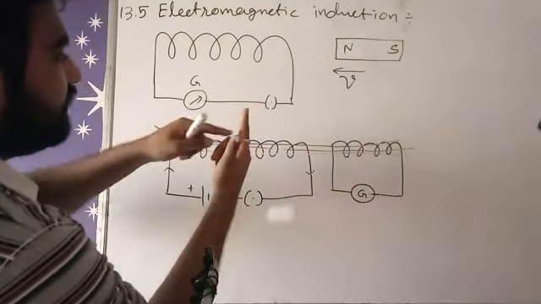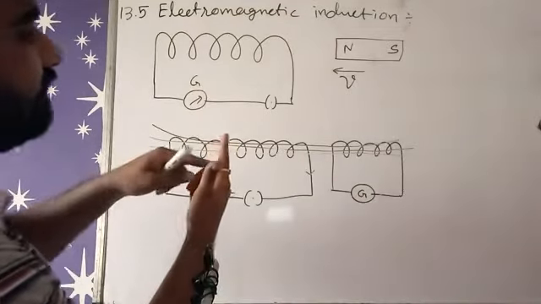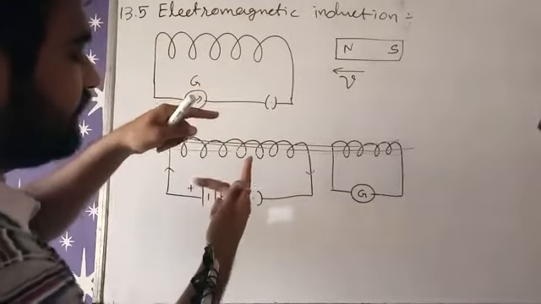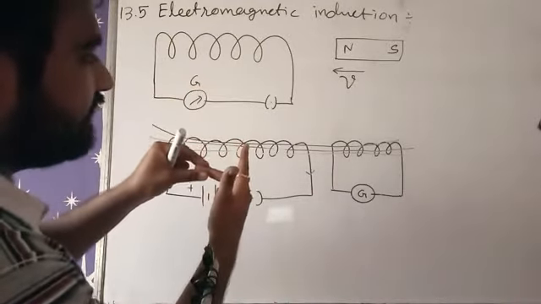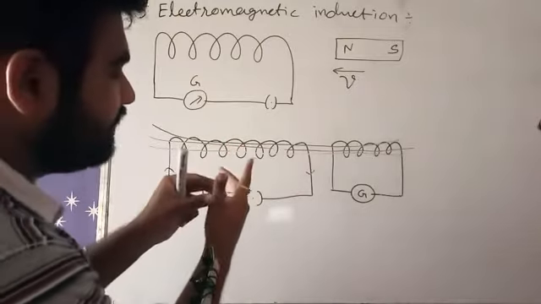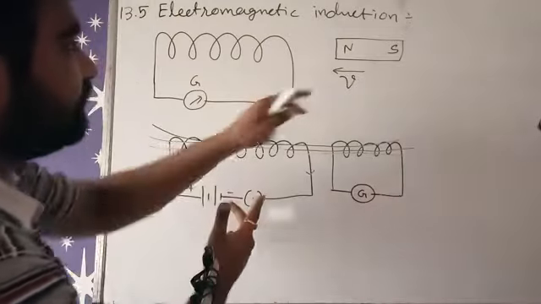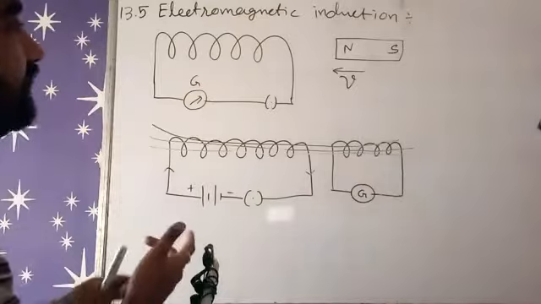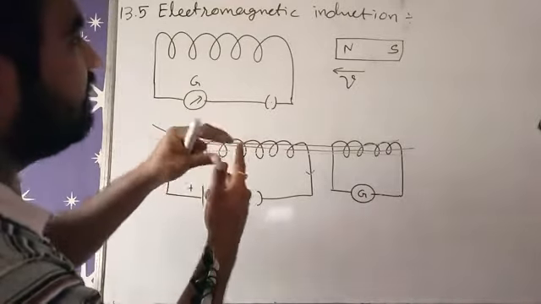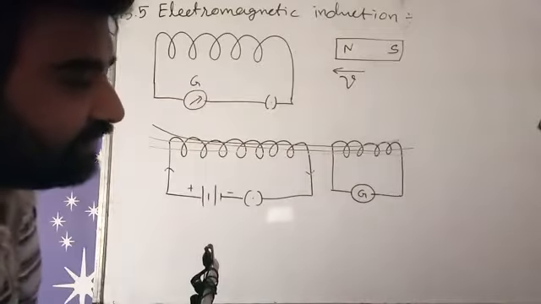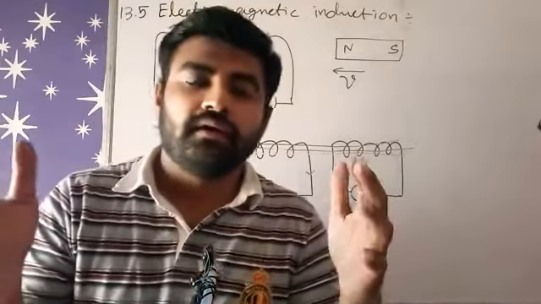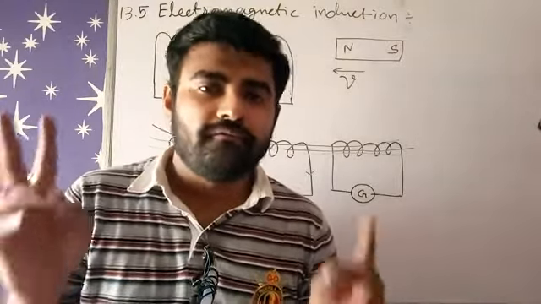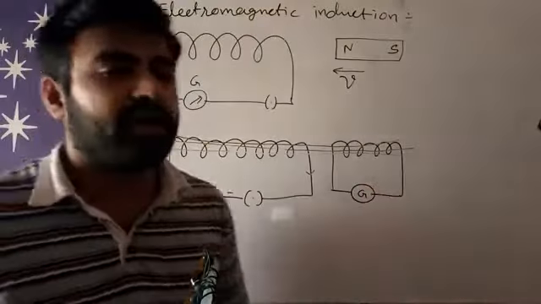In the right hand rule, the first finger represents the field direction, north to south. The second finger represents the induced current direction, and the thumb represents the motion direction. So if the motion is in this direction, I place the thumb in that direction; current is represented by the second finger, and field by the first finger. This is how we can find the direction of current, motion, force or field. So that is our electromagnetic induction.